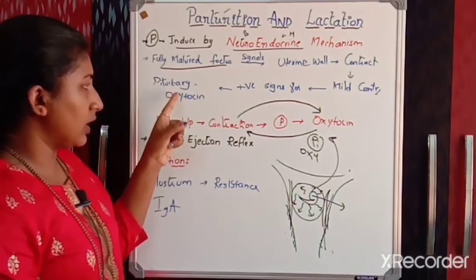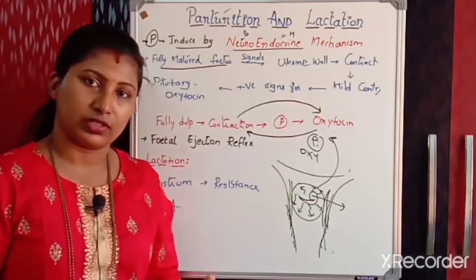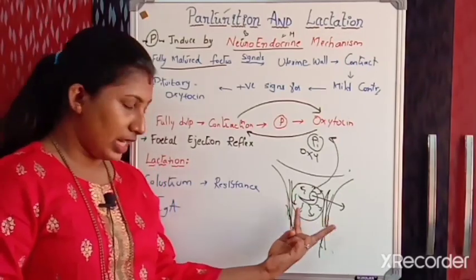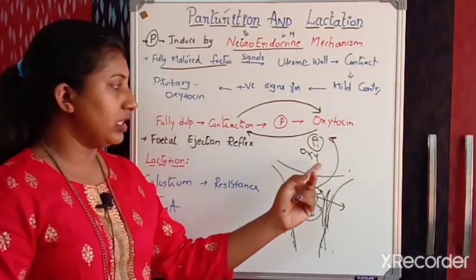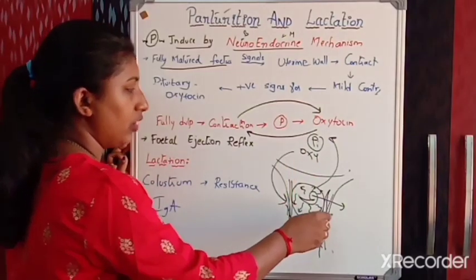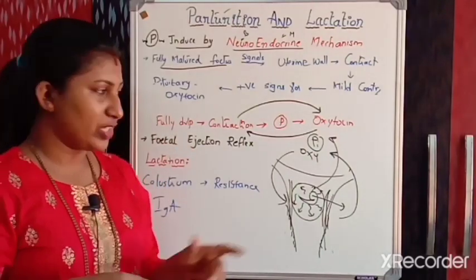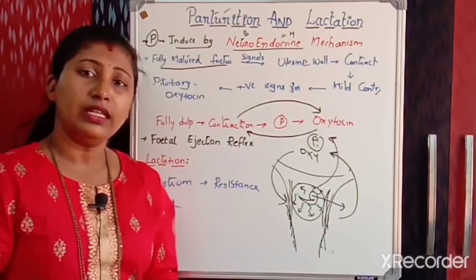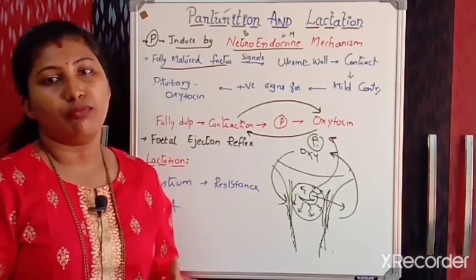This oxytocin makes the uterine wall contract further, and the contraction becomes stronger. If the contraction is more, it makes the pituitary gland release more oxytocin, and more contraction. More contraction, more release of oxytocin. This repeats until delivery of the baby takes place.